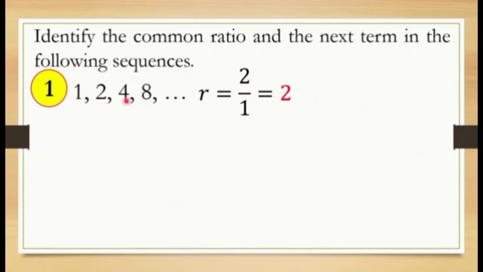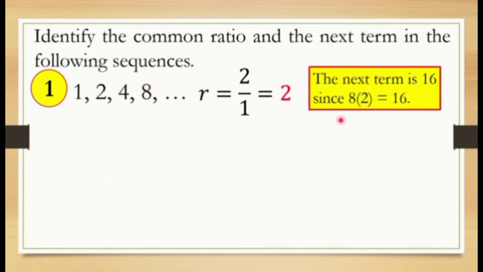So, the common ratio of this sequence is 2. Therefore, to get the next term, we multiply 8 by 2. So, the next term is 16 since 8 times 2 is equal to 16.